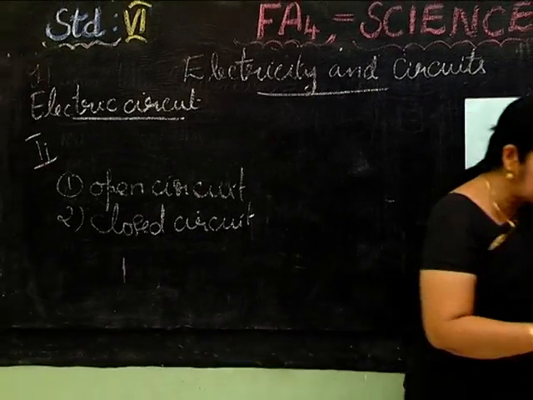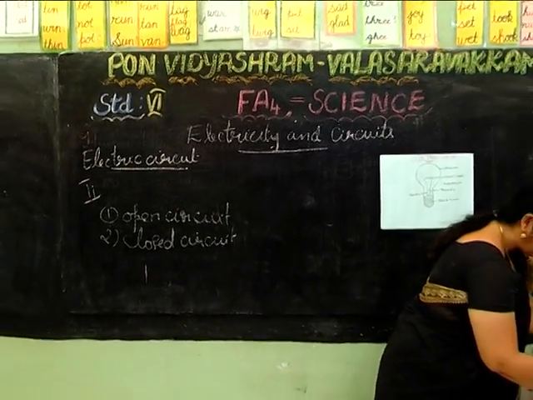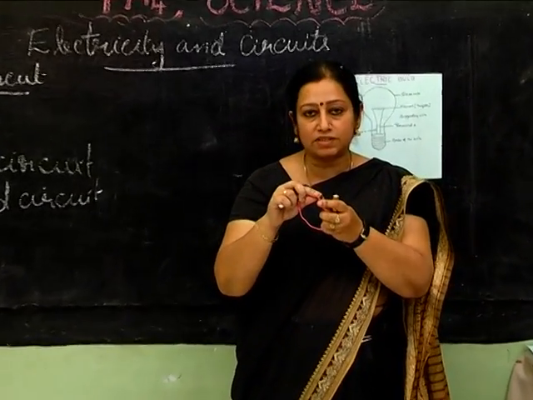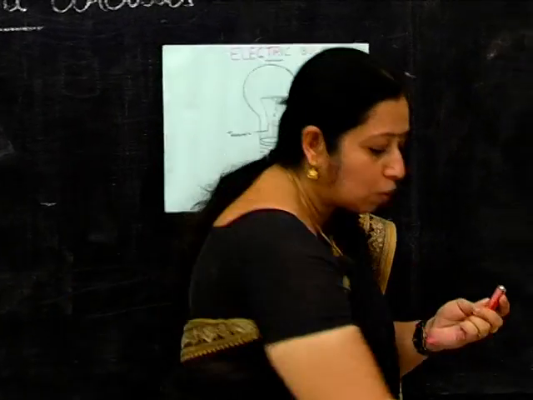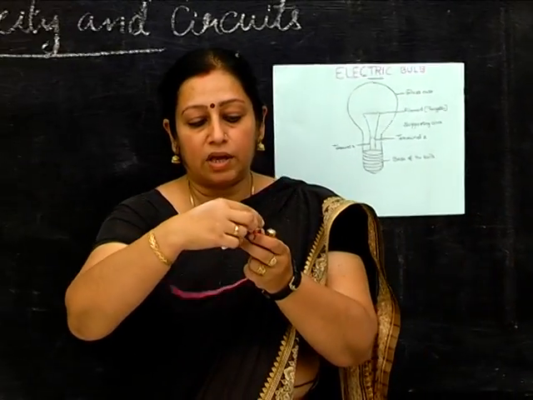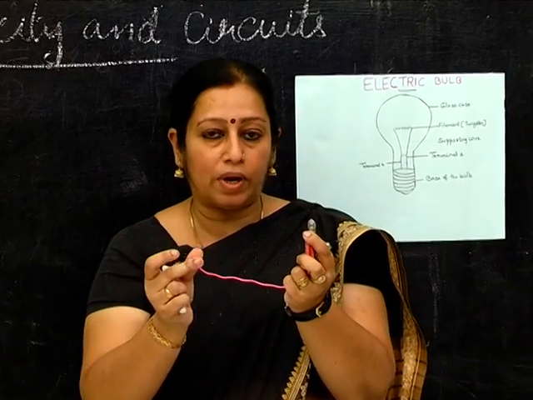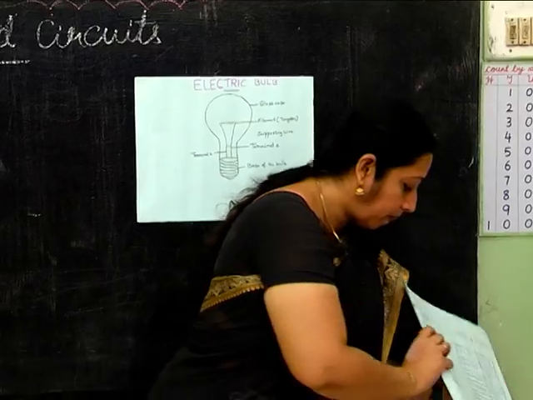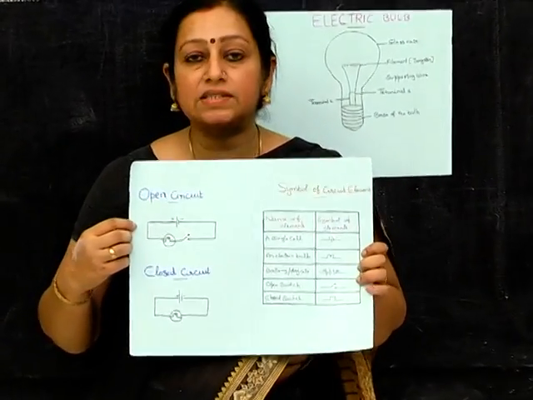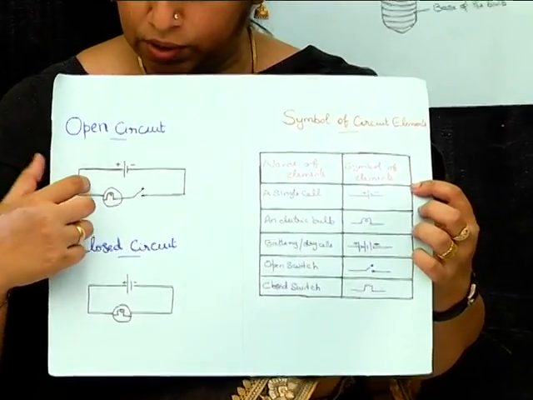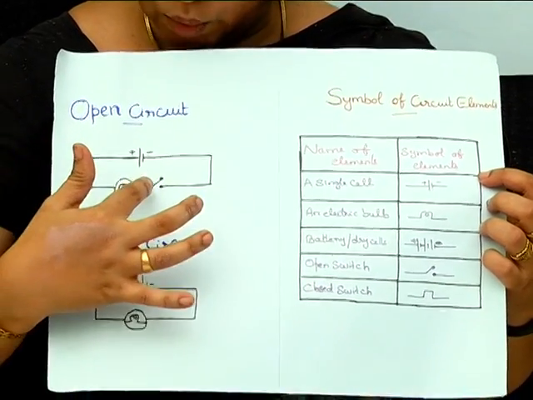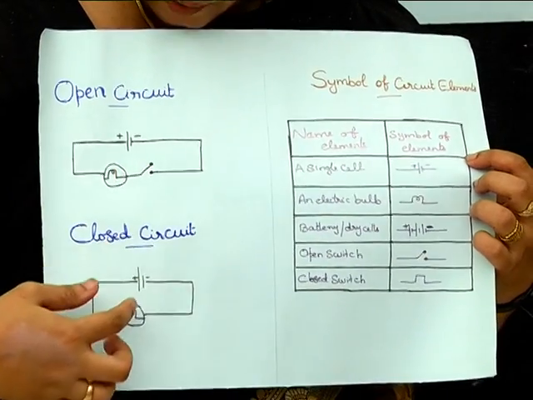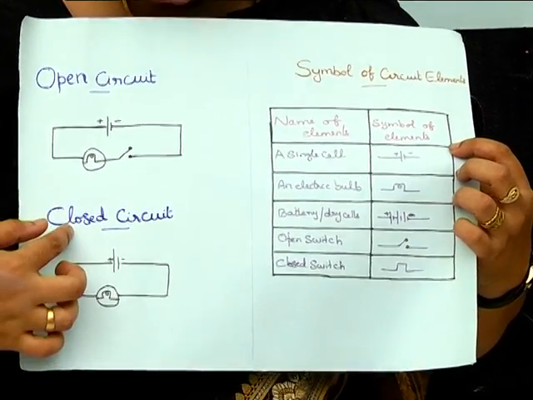If the circuit is closed, we call it a closed circuit, whereas if any end is open, we call it an open circuit. This is the circuit diagram for an open circuit and this is a closed circuit. Here we can see the circuit is broken, whereas here it is complete.